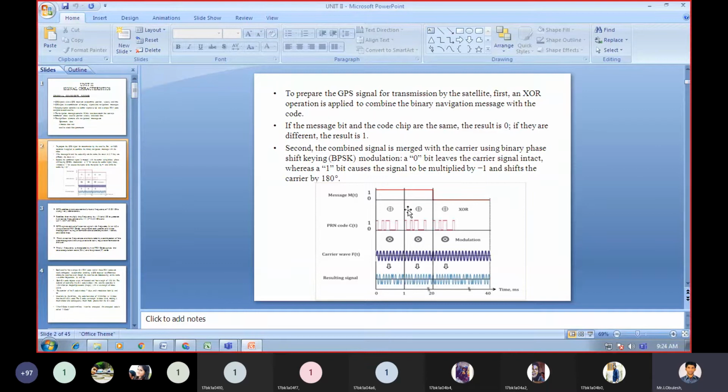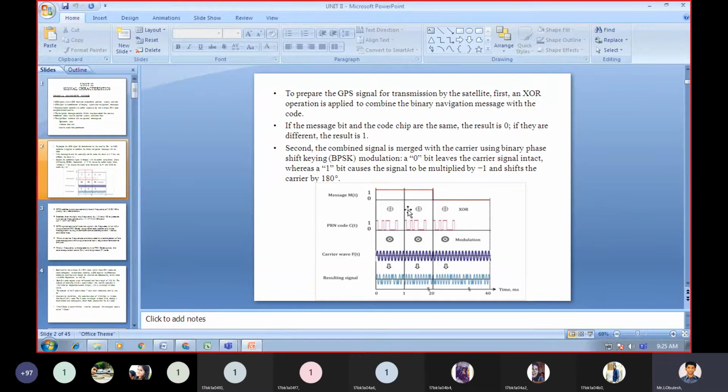In this, a 0 bit leaves the carrier signal intact, whereas a 1 bit causes the signal to be multiplied by -1 and shifts the carrier by 180 degrees.